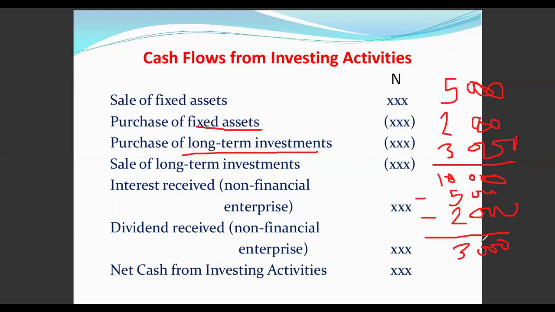So this is where I represent the cash flow from investment activities. Just go through the slide. If in doubt, put in chat box or you can unmute. I'll wait for 1 minute.